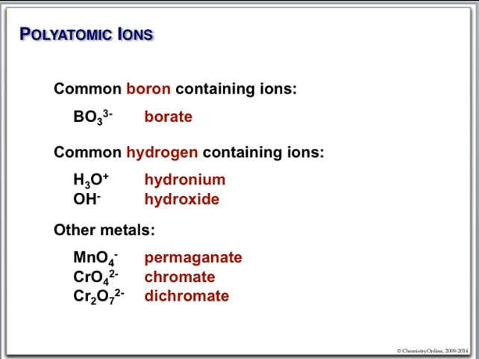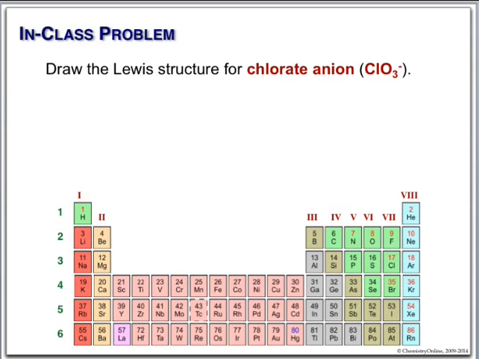All right, well, keep your little list handy, okay? Because we're going to name some of these, and it's okay to go back and look them up. But before we do, I said that the polyatomic ions were covalent compounds. Let's demonstrate that by doing a Lewis structure for chlorate.